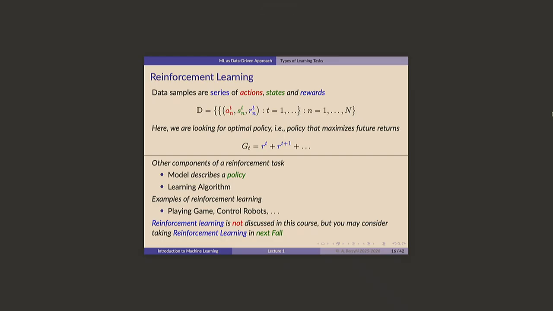The model, in this case, typically describes the policy. It could describe also the value, but this is not something that you need to worry about right now. It basically describes the way that you play chess. You look at whatever you had before in your trajectory up to this point, and now you decide what is your next action. This is the model, for instance.